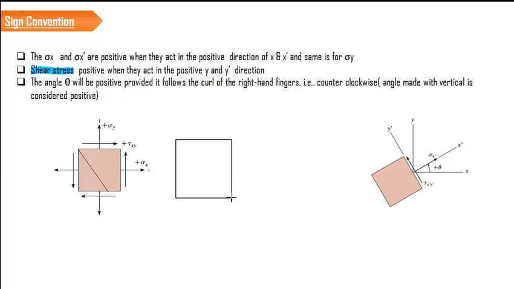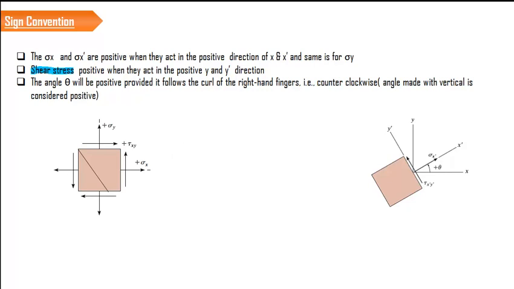If you have an element like this, one shear stress will be acting in this direction and one in this direction. Its complementary part is going to act like this. This is a negative shear stress. So this is a positive one and this is a negative one. I hope you understood the sign convention used for the shear stress.